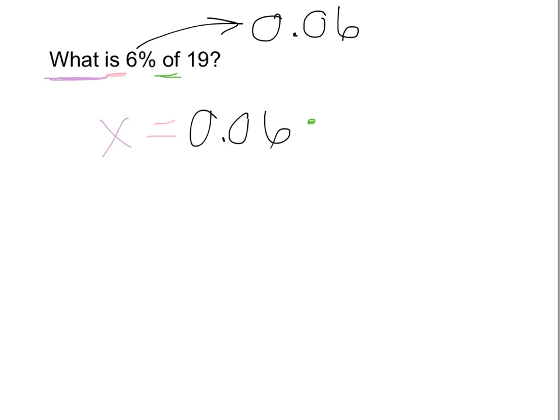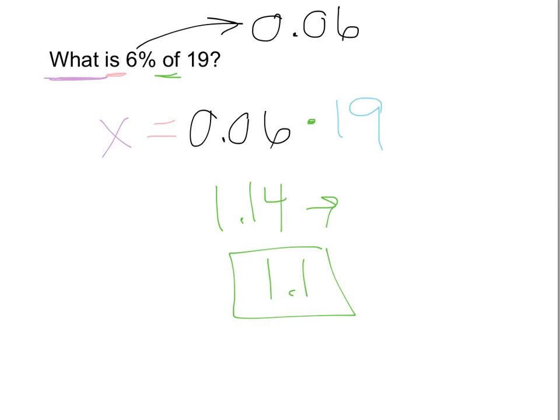And 19, we just write as 19. Again, use your calculator to do 0.06 times 19, and we get 1.14. Your assignment says round to the nearest tenth again, so let's simplify that to 1.1. Again, if you use the percent proportion like yesterday, you get the exact same thing.